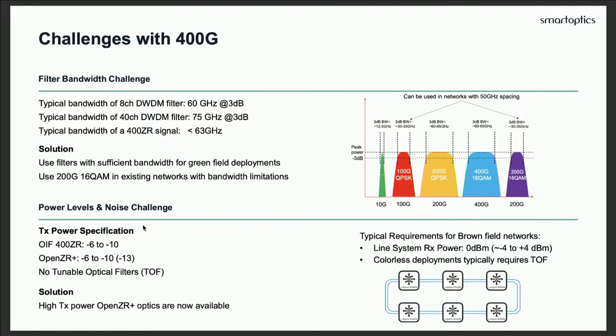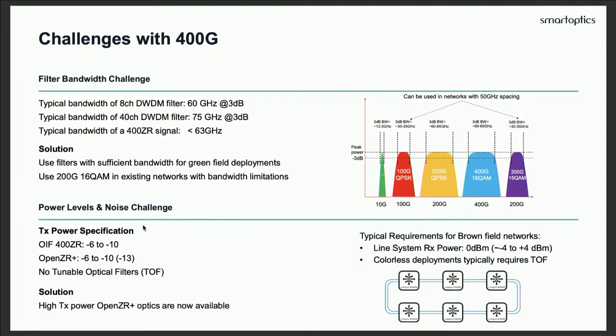The next thing is the power levels. I already mentioned 400 gig ZR and ZR Plus had pretty low output powers, like -6 to -13 dBm. So those require either preamplifiers before you enter a ROADM network or a network that has been designed to take these signals. With the high power optics, we are more or less solving that problem.